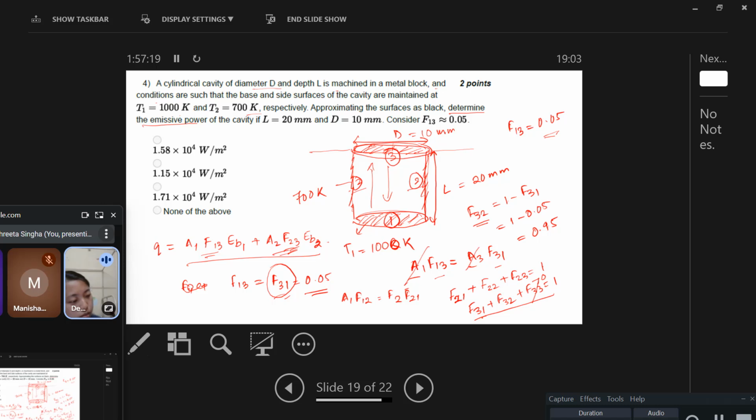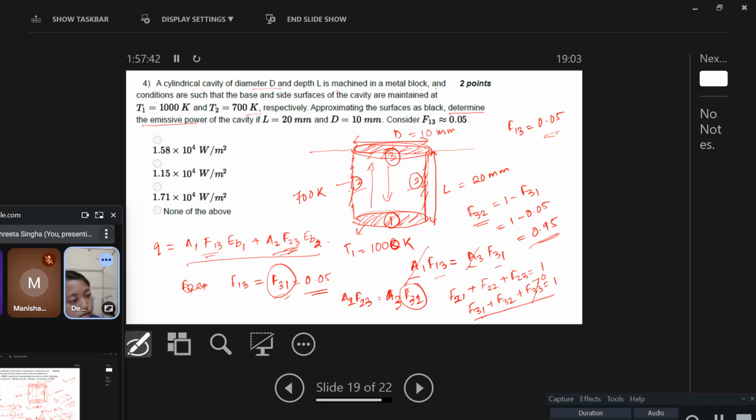So F23 is given by A2 F23 is equal to A3 F32, right? So F32 we know it's 0.95. A3 and A2 you can find out.